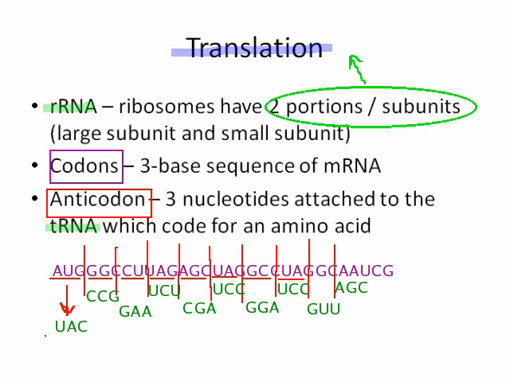We have a larger subunit that is known as the 50S ribosome, and we also have a smaller subunit which is known as the 30S ribosome. And we're going to go over that a little bit more in detail in a couple minutes.